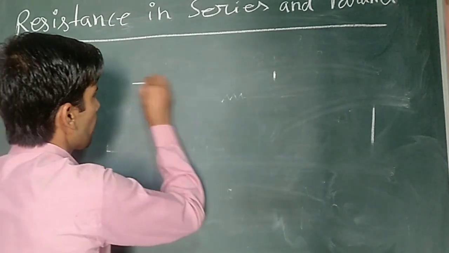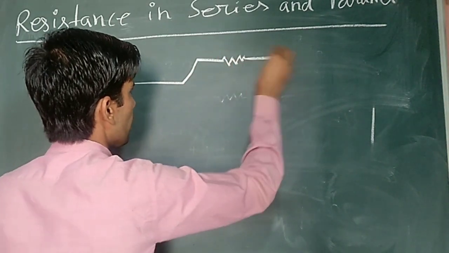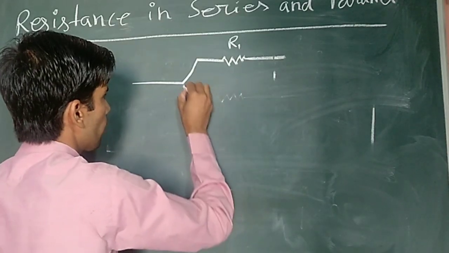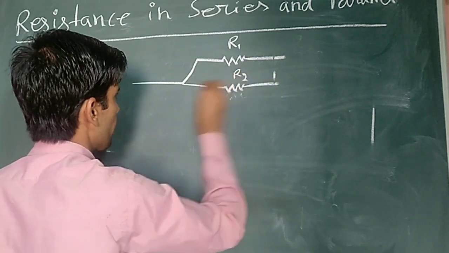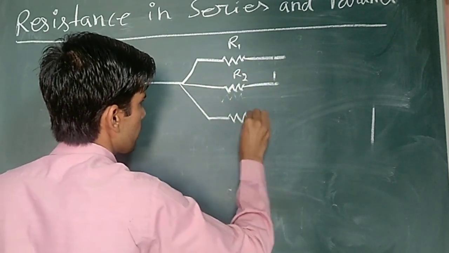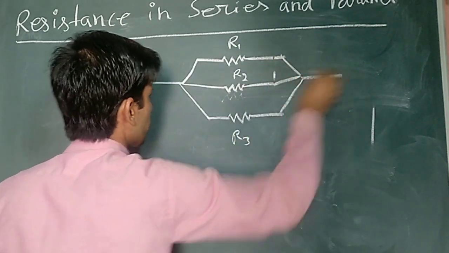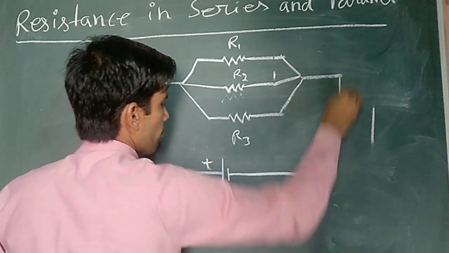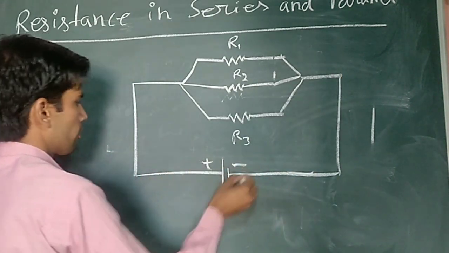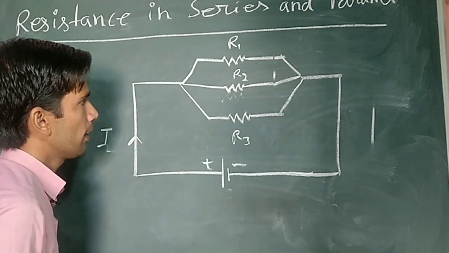And now I take three resistances in parallel combination. Let here R1, the second resistance R2 and the third resistance R3. And here is the external source of energy. Current flows from the positive terminal of the battery to the negative terminal of the battery.